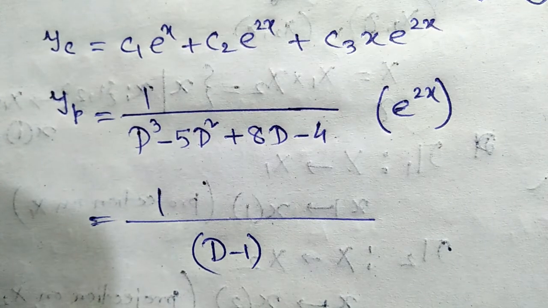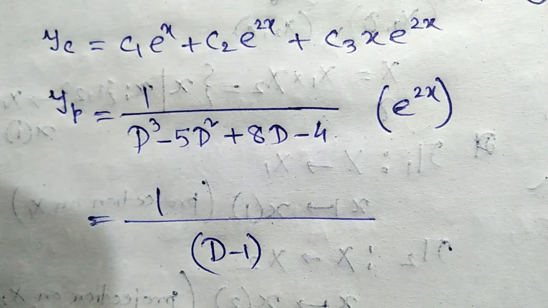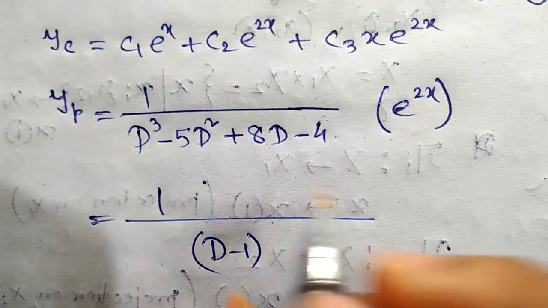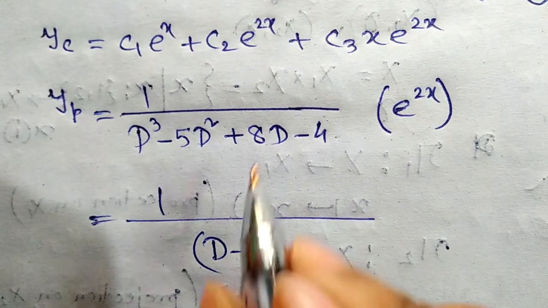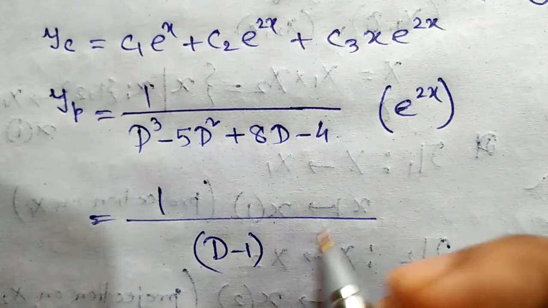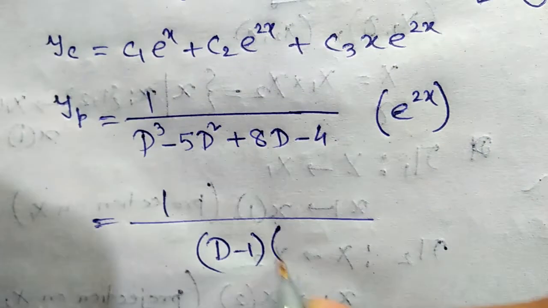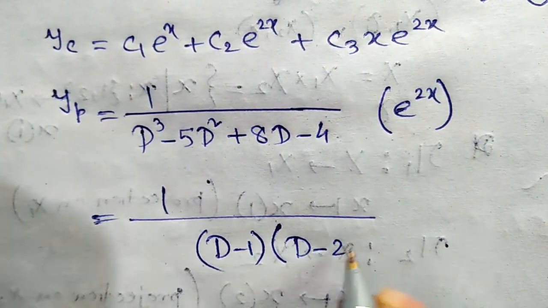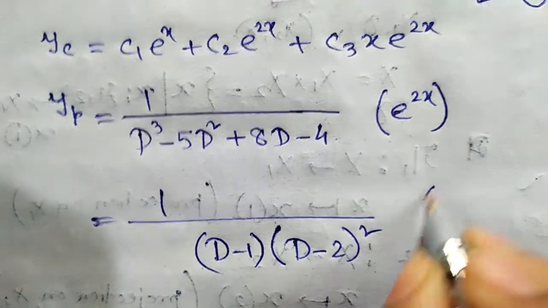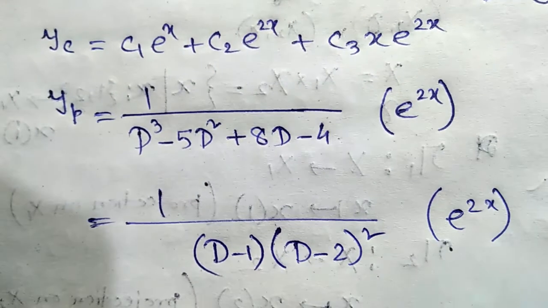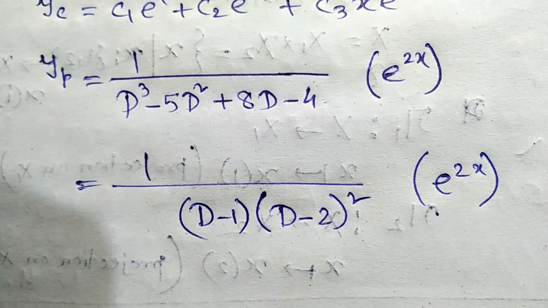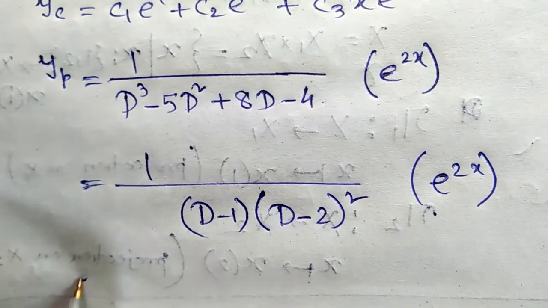According to the last class we find the factorization of this denominator, and that will be this. The process of finding this factorization was discussed in the previous class video.